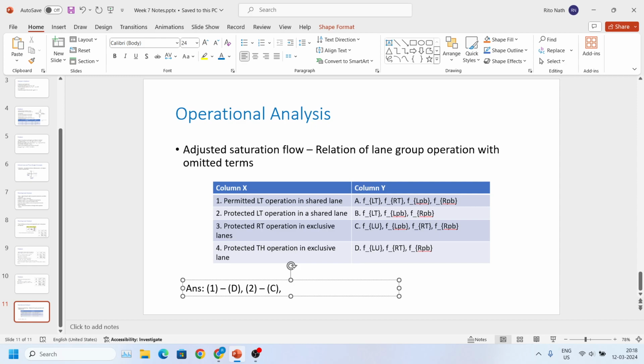Let's see. 3 is protected right turn operation in exclusive lane. So for protected right turn or through in exclusive lanes, the things that are, I think, omitted are FLT, FRT. So the first one is for left turn, is it? Then it should be FRT.